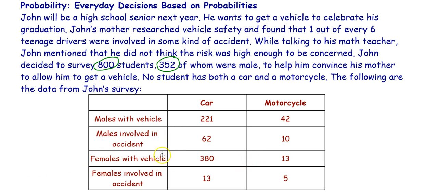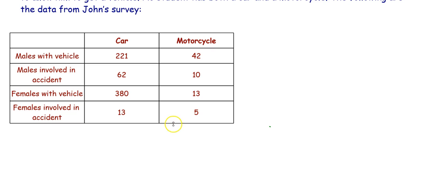So using this, we can come up with a Venn diagram or a tree diagram to break down the given info and come up with a probability of knowing what are the risks that are involved in owning a car or a motorcycle. Whatever the percentage of probability is, you can get all the information. Now let us draw a Venn diagram from the given information.